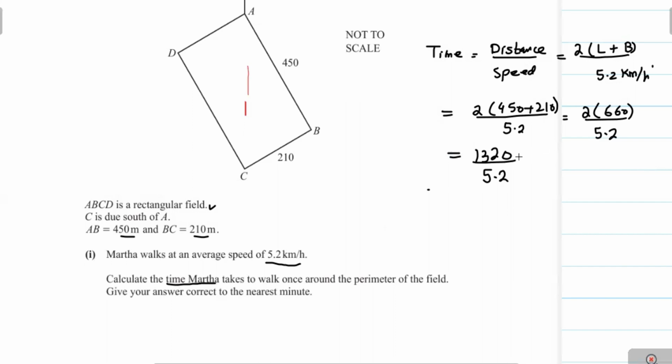Now this distance is 1320 in meter, and this is speed in kilometer per hour, and this will be equal to 1.32 kilometer.